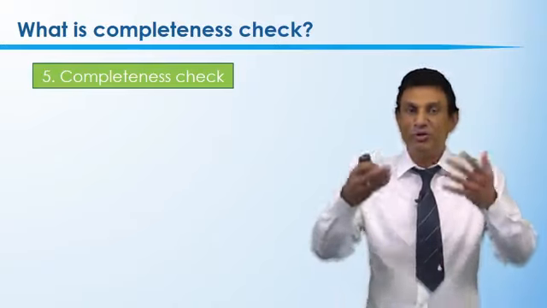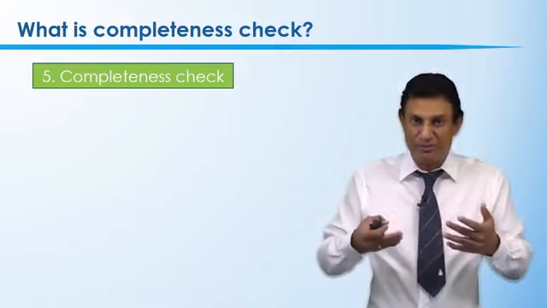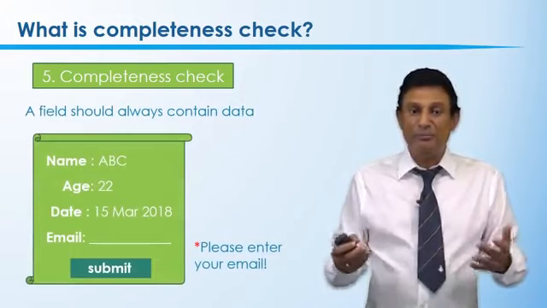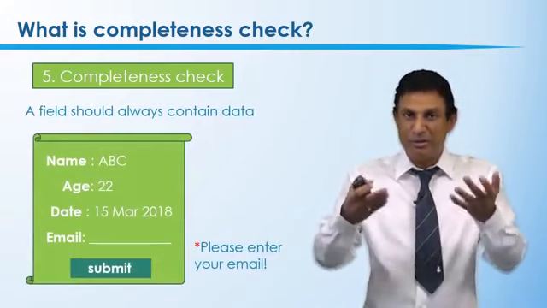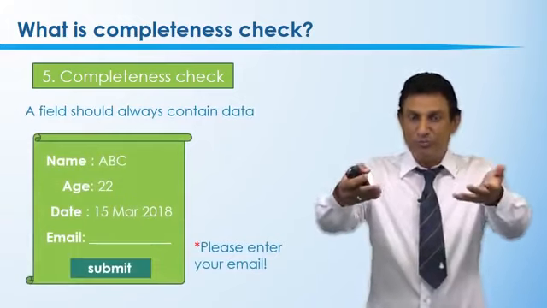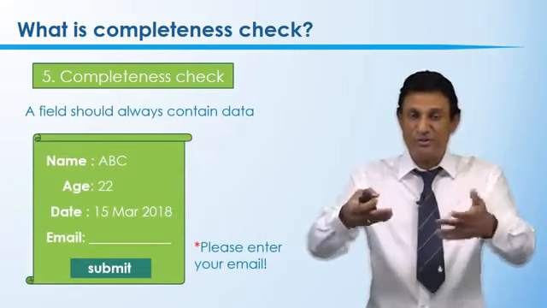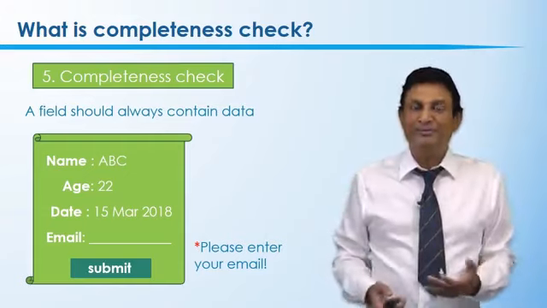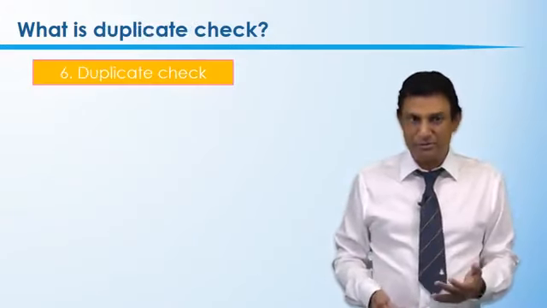When you try to submit an online form, sometimes the form gives an error message saying that you missed some mandatory fields. For example, you are supposed to enter your email and it's mandatory. You try to submit the form, and before the form is processed or accepted, it gives an error message that you must enter the email address.